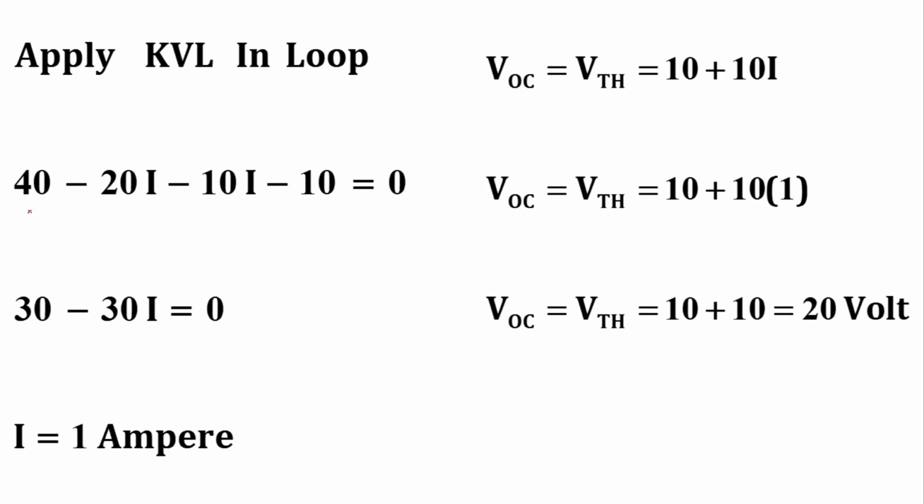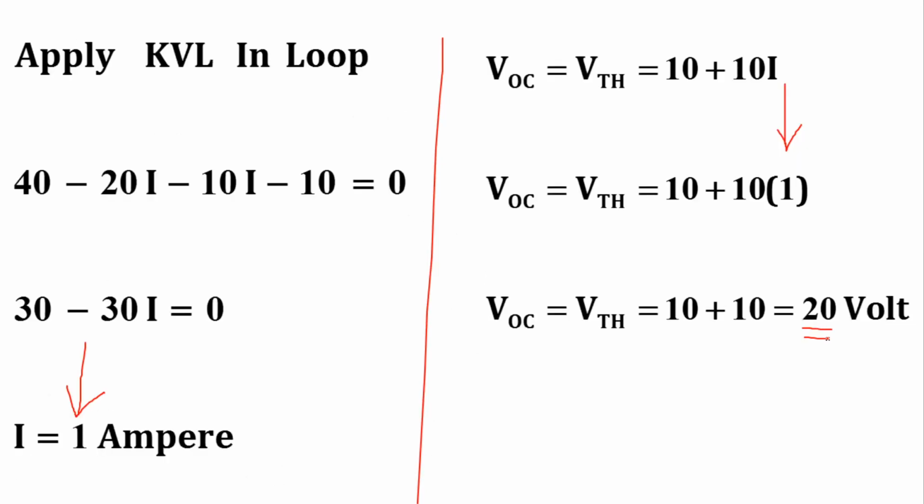So 40 minus 10 becomes 30, minus 20 minus 10 becomes minus 30, so we get I equal to 1 ampere. So we can directly find the Thevenin equivalent voltage. We simply put I equal to 1 ampere, so VTH is equal to 20 volt.